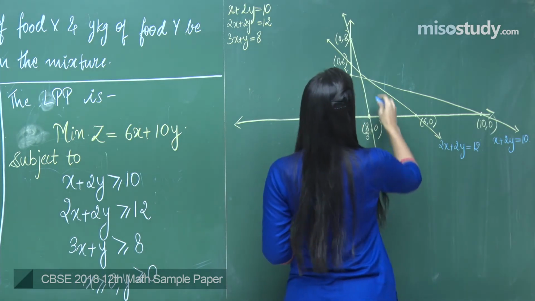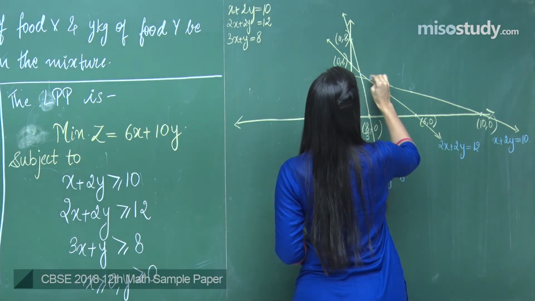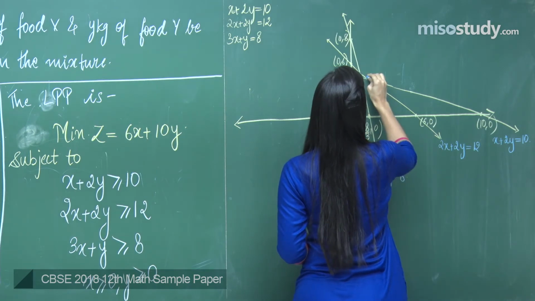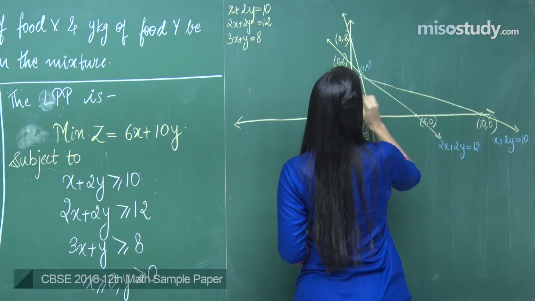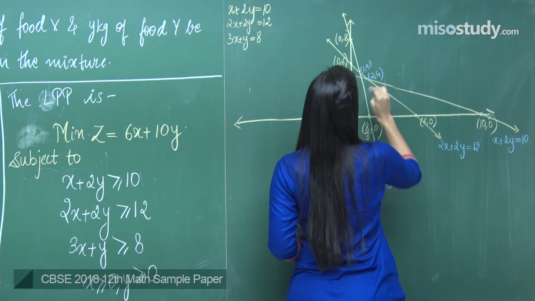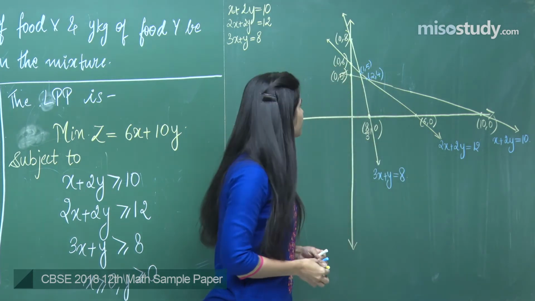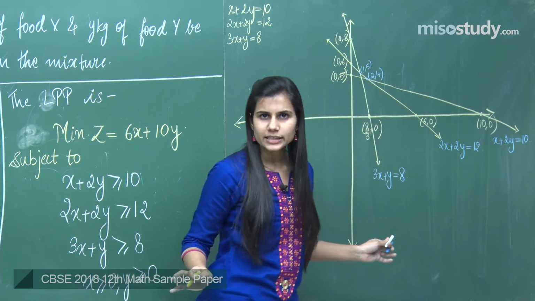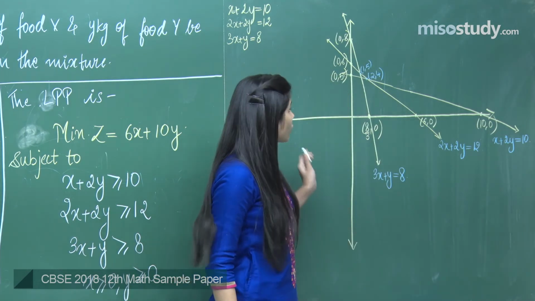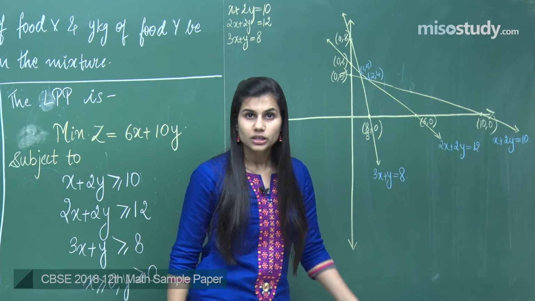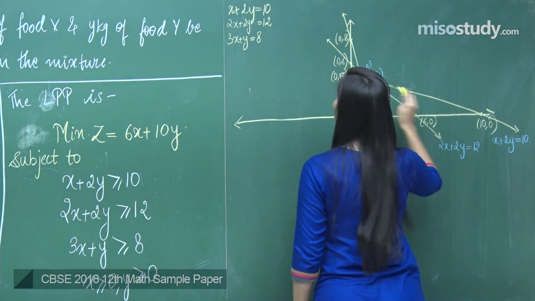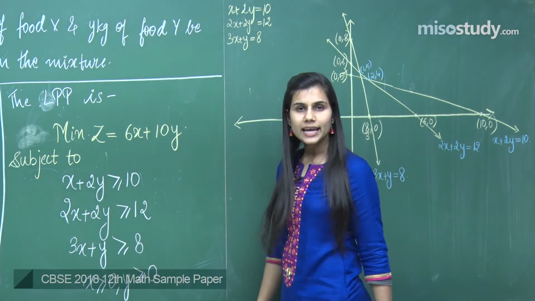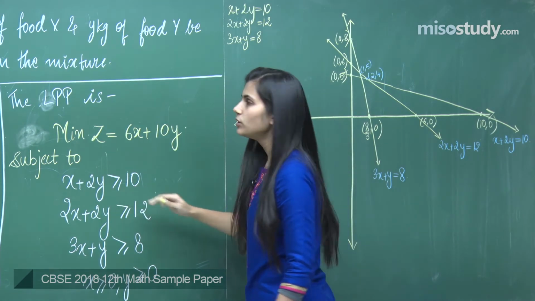You know how to find out these intersecting points as well. This point is 1, 5 and this point is 2, 4. You can just find out the points where two lines are intersecting and you will be able to get these points very easily. The question is, which is the feasible region? The first line which we drew was X plus 2Y equals 10. I want greater than equal to 10.